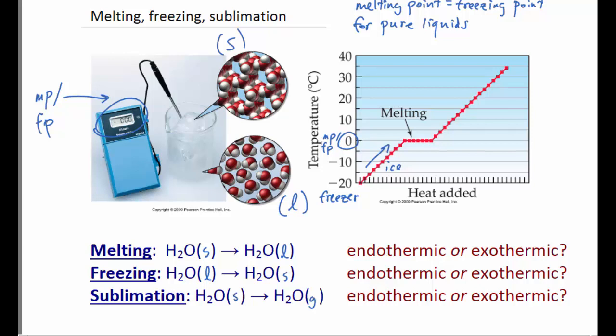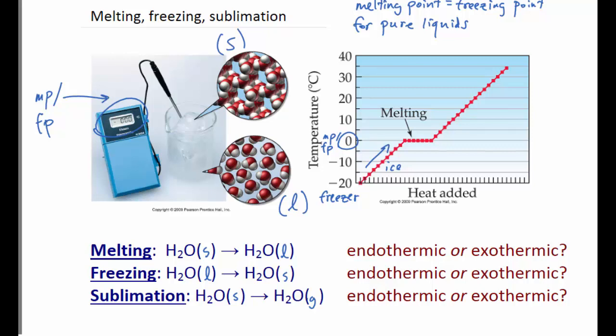Okay. Now, remember, we can think about endothermic and exothermic in terms of are the molecules having to move faster or slower, right? So when they are melting, they go from a solid where they're all sort of locked up in that structure just kind of vibrating to a liquid where they're all scooting past each other, right?